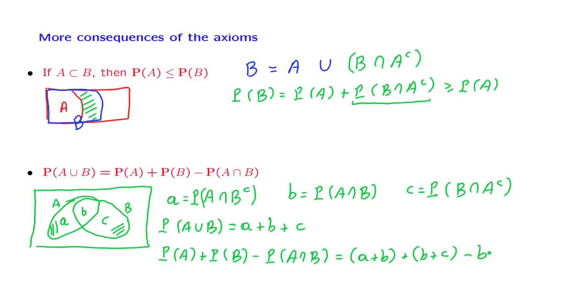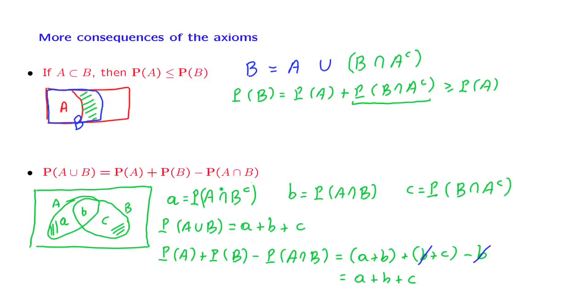We notice that we can cancel one b with another b, and what we are left with is a plus b plus c. So this checks, and indeed we have this equality here. We have verified that it is true.